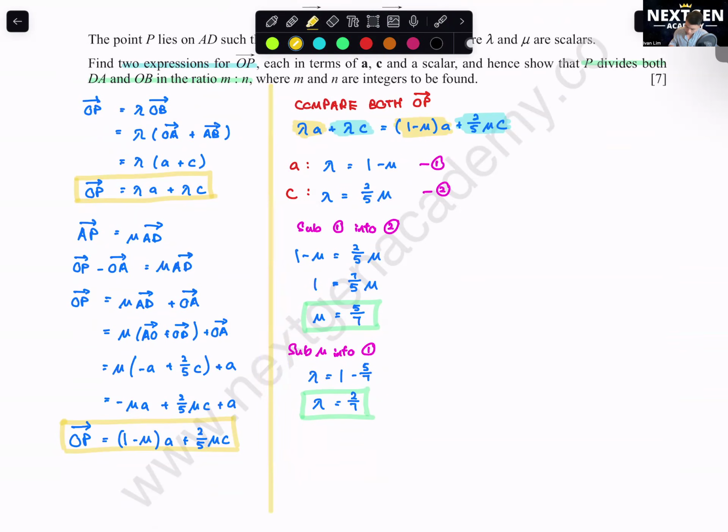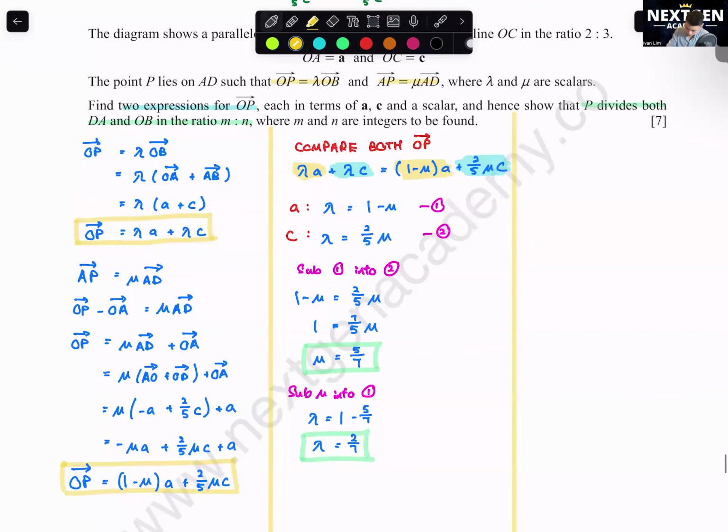I put here the final working. I want you all to substitute it back. Actually you don't need so long a working, because this one is the final one.